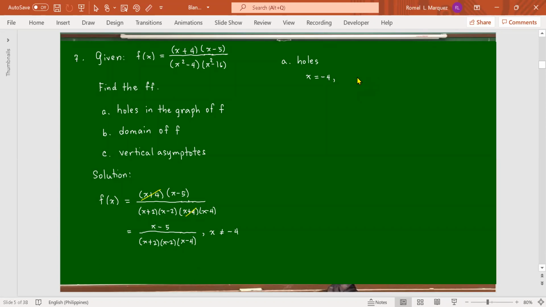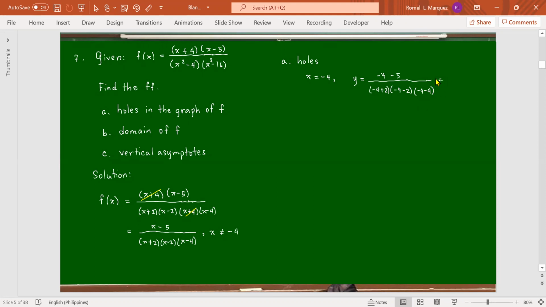So we have y equals negative 4 minus 5 all over negative 4 plus 2, negative 4 minus 2, and then negative 4 minus 4.